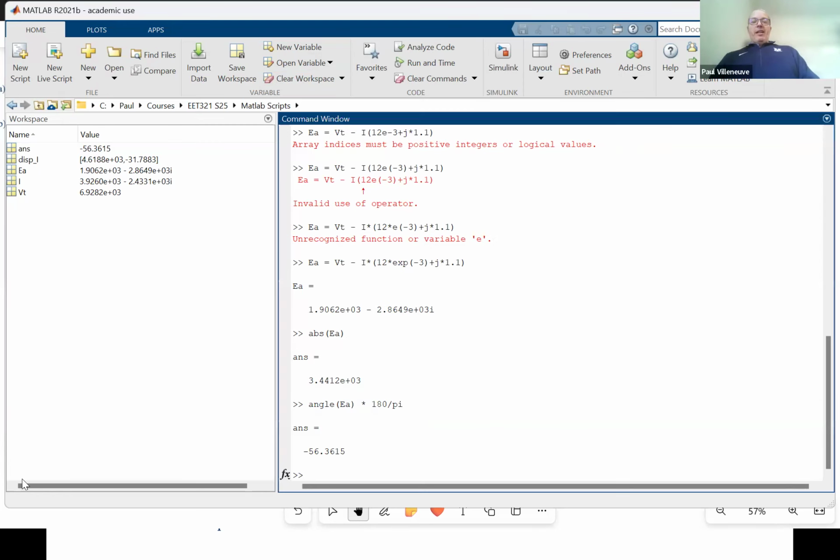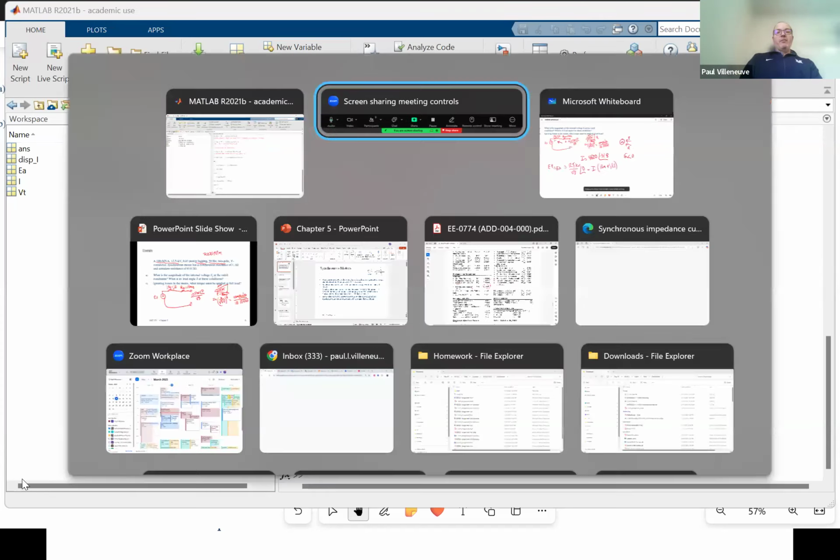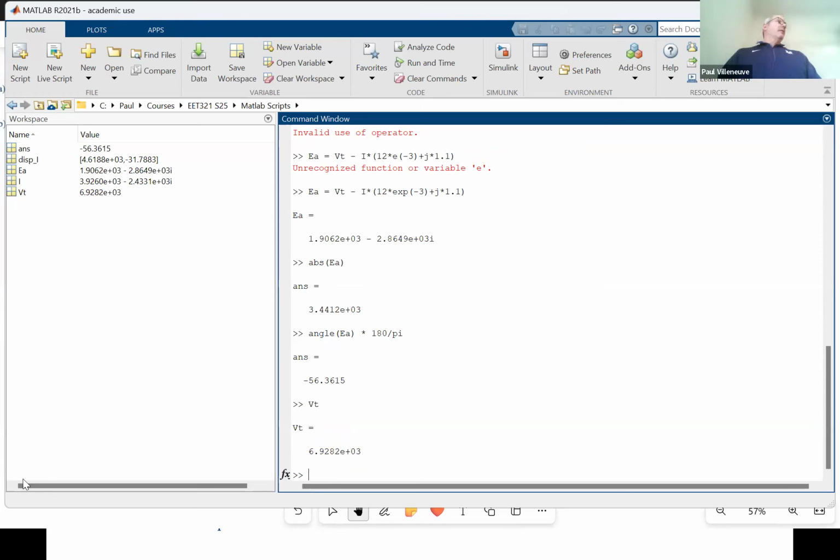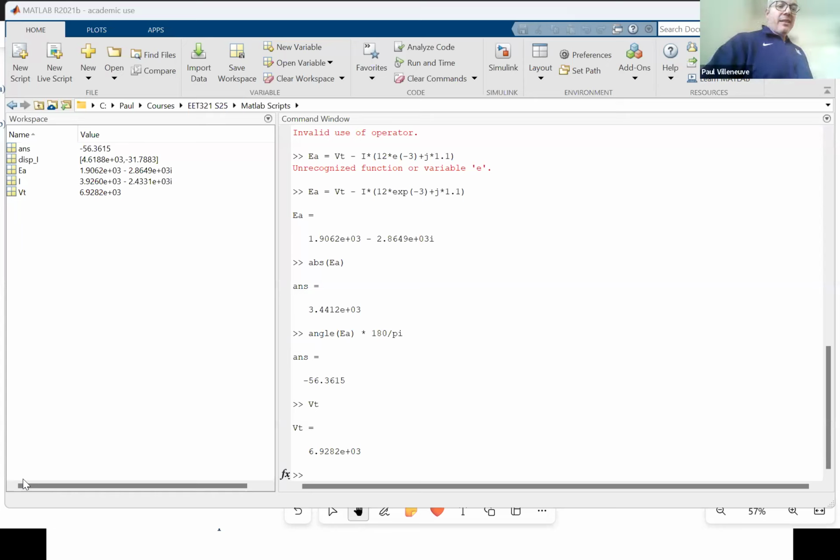And then the second part is: is the magnitude of EA less than the magnitude of VT? Well, it's hard to tell. We said 12.5 kV is the terminal voltage, but that's line to line. So let's go ahead and redisplay VT as a phase voltage. That's 6,928 volts. Hopefully y'all can see that the voltage magnitude for EA is much, much less than the magnitude there.